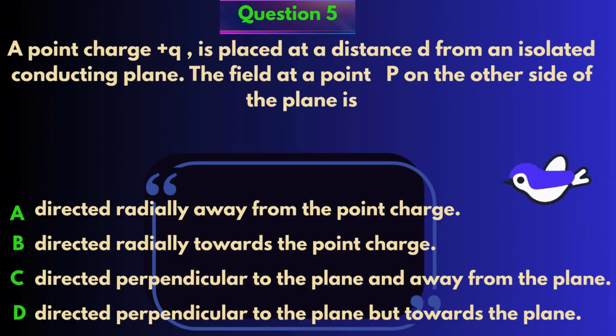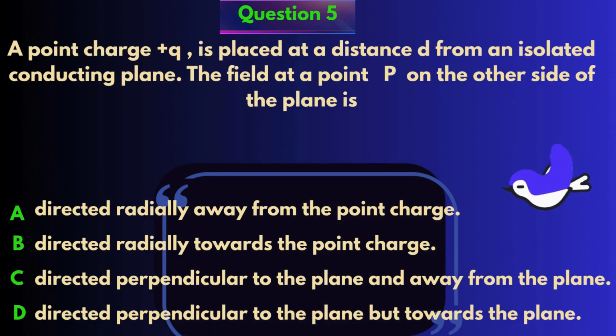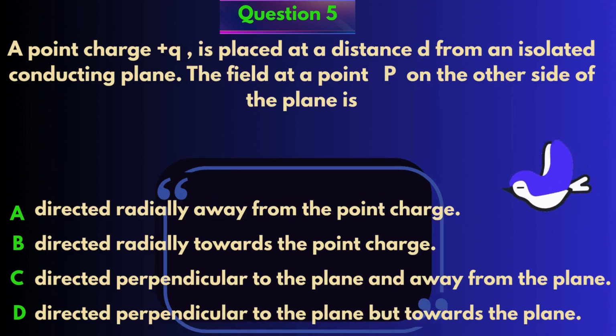Question 5. A point charge +Q is placed at a distance d from an isolated conducting plane. The field at a point P on the other side of the plane is Choice A, directed radially away from the point charge. Choice B, directed radially towards the point charge.